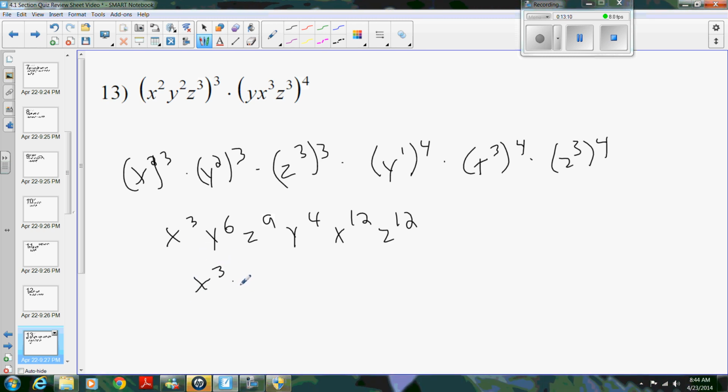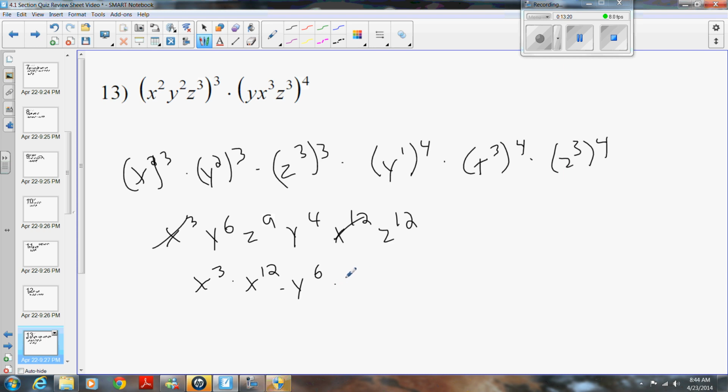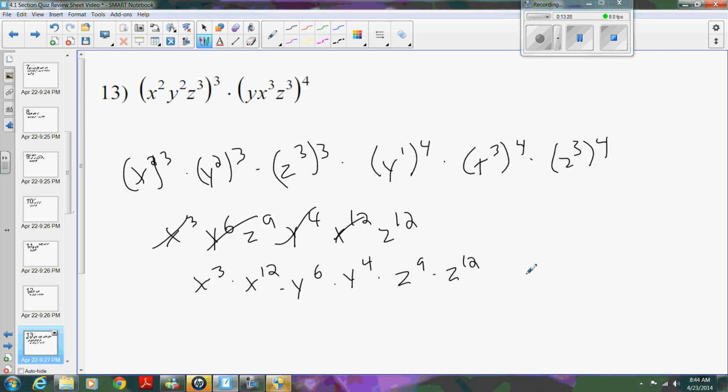This is x to the third power, x to the 12th, crossing out as I go, y to the 6th times y to the 4th, crossing out my 2 y's here and here, and then z to the 9th, z to the 12th. So this ends up being x to the 15th, because I'm adding exponents, y to the 10th, z to the 21st power.